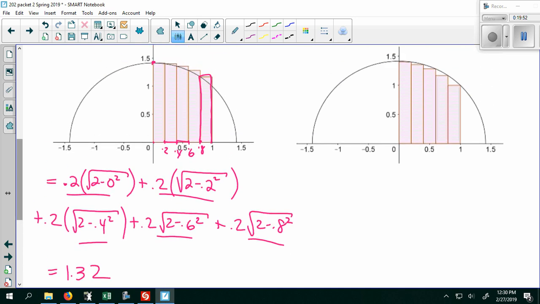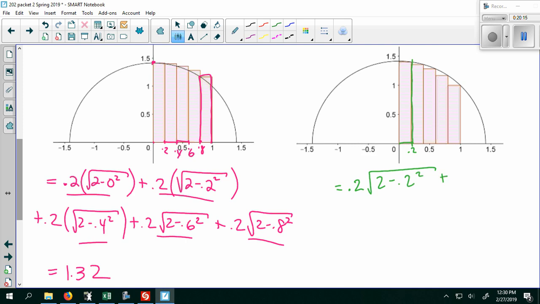Okay, for right 5, I have the same interval, which means that my widths are 0.2 again, or the bases of each of these rectangles are 0.2. So 0.2 times this first rectangle, its height is now the function value at 0.2. So that is the square root of 2 minus 0.2 squared.